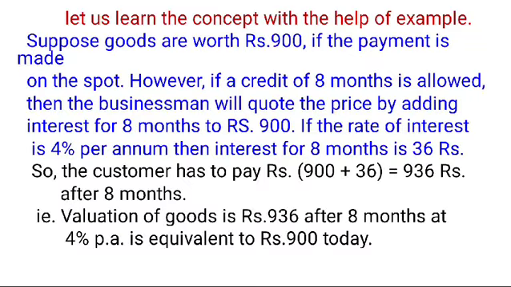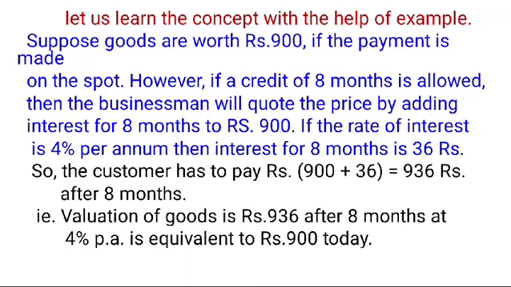Means today's price is 900 rupees. But if he allows us a credit of 8 months, then after 8 months I have to give the extra charge of 36 rupees and the sum will be 936 rupees. Means today's price 900, after 8 months 936.